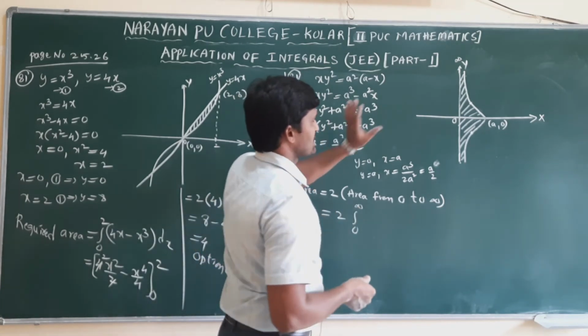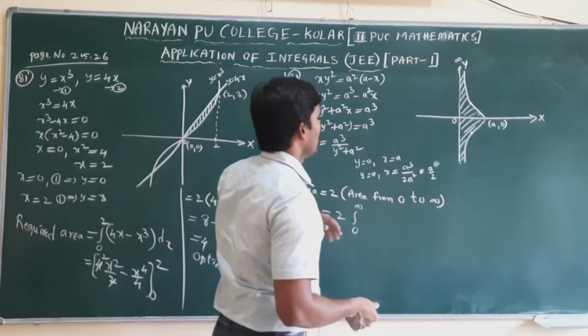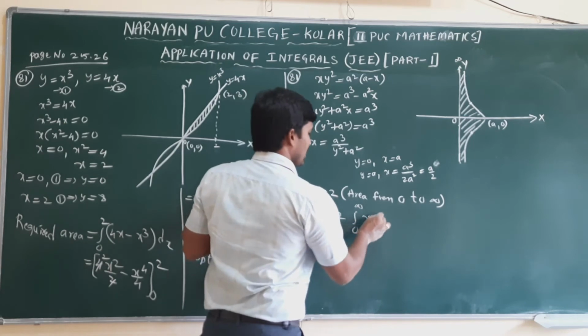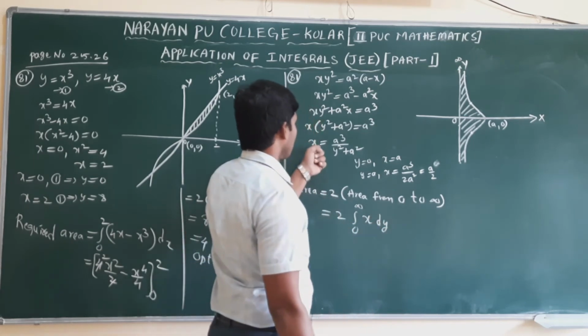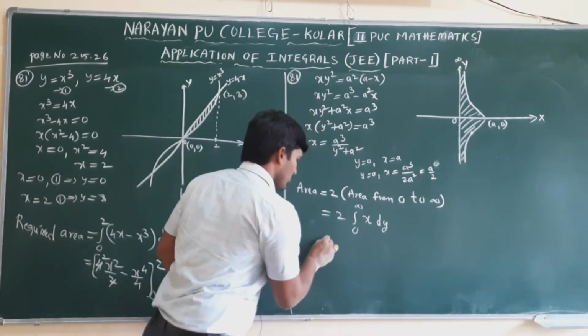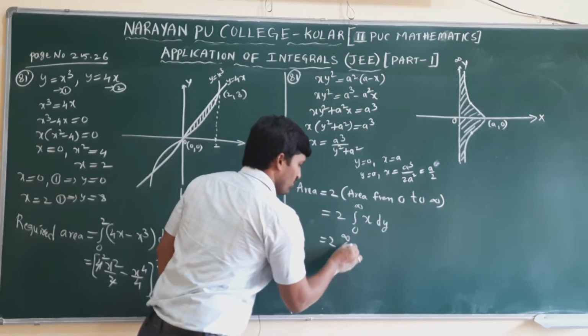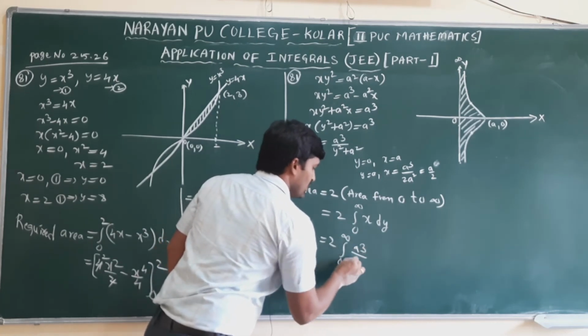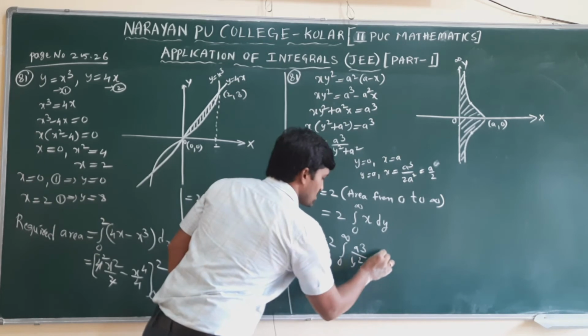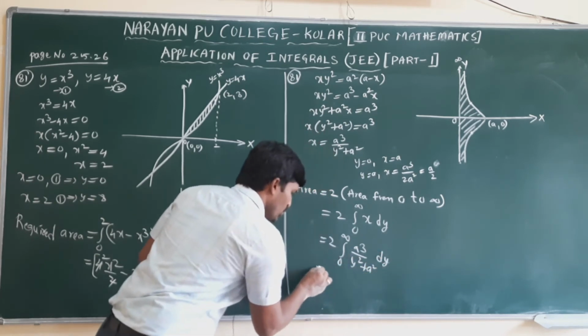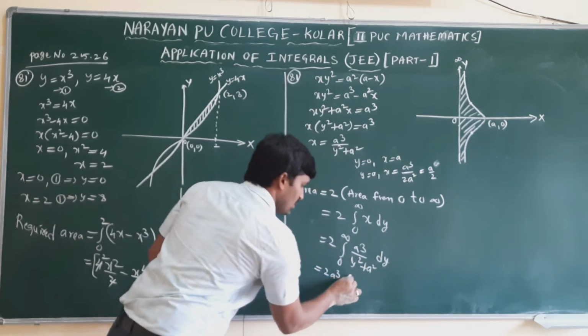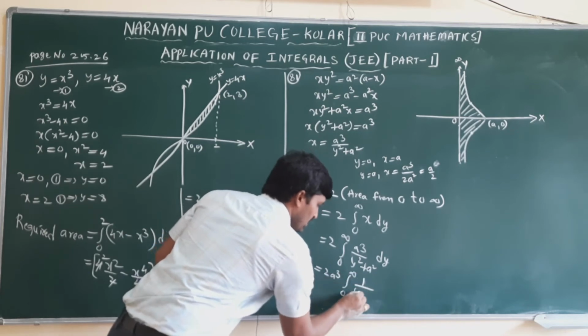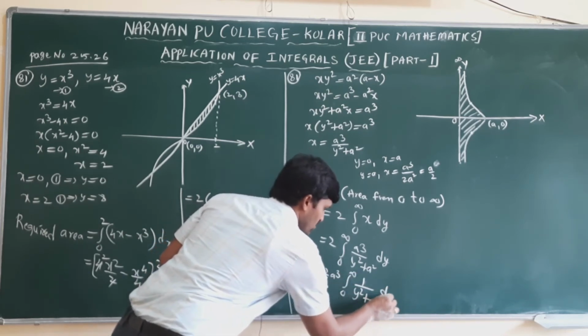The curve is clearly symmetric about the y-axis, that's why we are taking x dy. Already we converted x in terms of y: 2 into integral 0 to infinity a cube by y square plus a square dy. Taking 2a cube common: integral 0 to infinity 1 by y square plus a square dy.